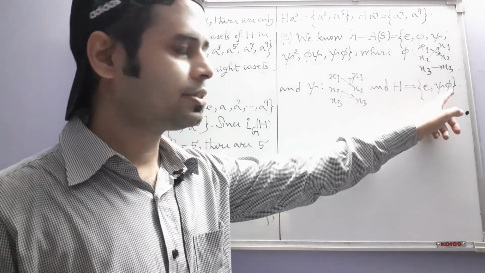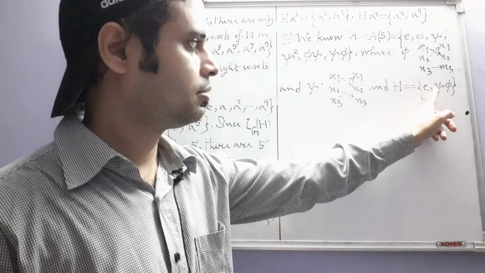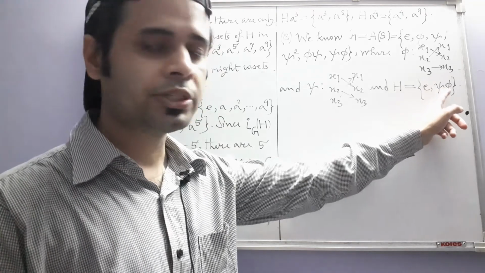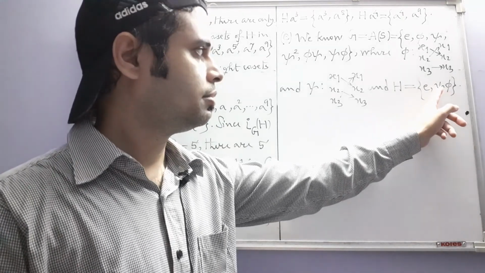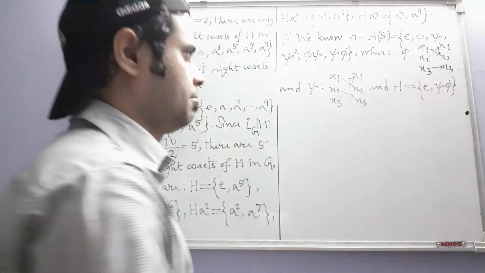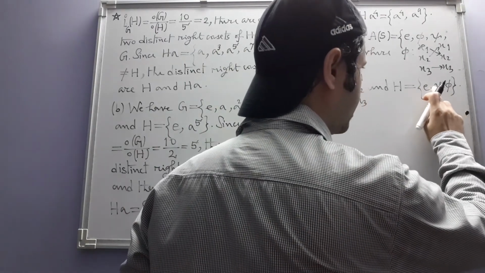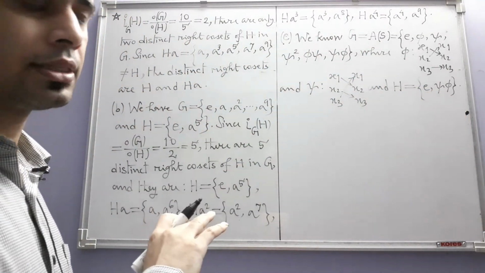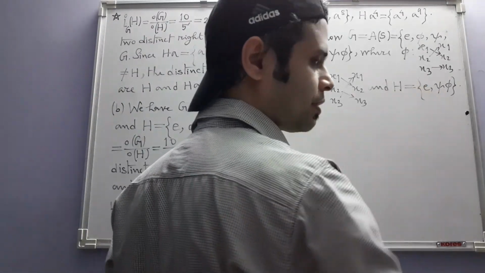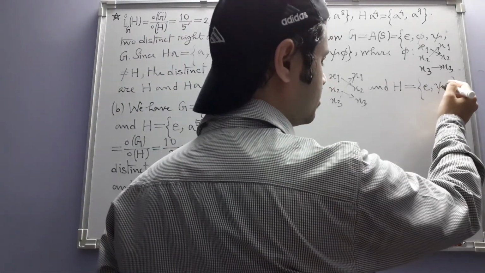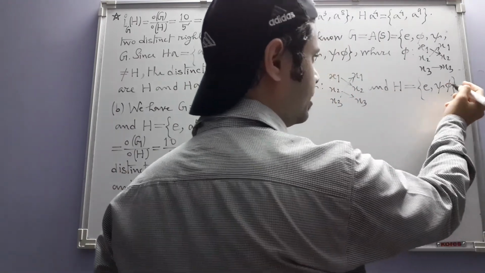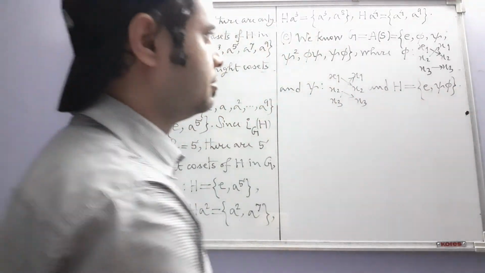If we apply psi phi to x1, keep in mind here the composition that we have is formed in such a way that the input appears on the left hand side to the left of the function. So we will first apply psi and then we will apply phi.